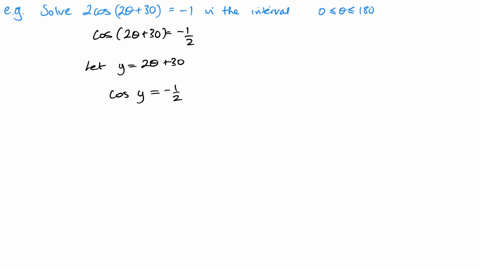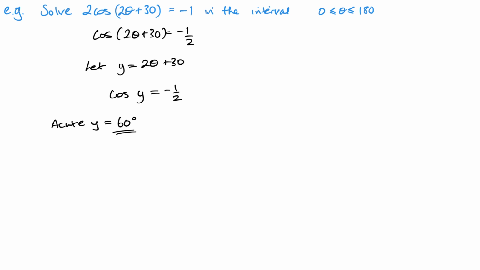Now I'm actually just going to find my acute angle for y, and that means I'm going to use the +1/2. So I'm doing inverse cos of +1/2. That's going to give me the 60 degrees for my acute angle. Obviously, if I put in the -1/2, it's going to give me 120 degrees. But I want to use the acute one, so I'm just using the positive value.